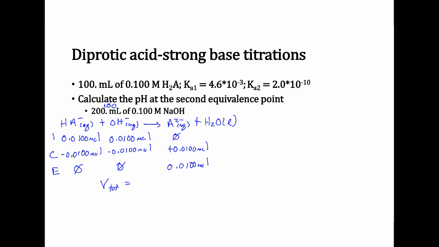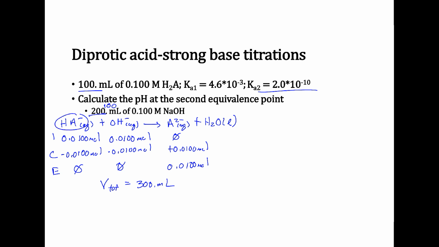We need to take into account the total volume, so the 100 milliliters plus the 200 milliliters is a grand total of 300 milliliters. So now, keep in mind, we know what Ka2 is. We know Ka2 is 2 times 10 to the negative 10th. But we don't have any acid left. We don't have any HA minus.